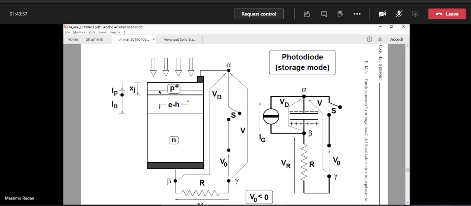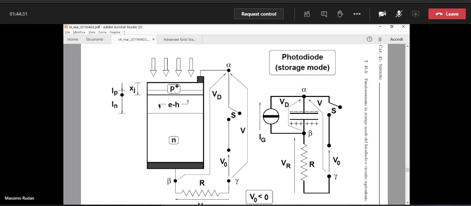So we integrate the continuity equation from O minus to O plus. And we make another observation: as soon as the holes are generated, they are oriented by the field and go upwards. Okay, so the holes go upwards, and the edge O minus will be crossed essentially by holes.